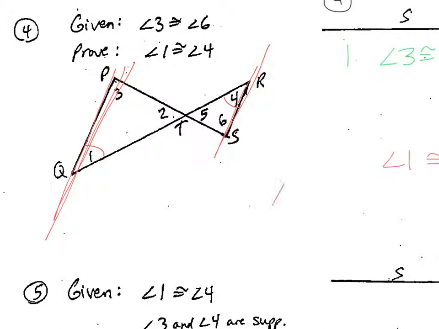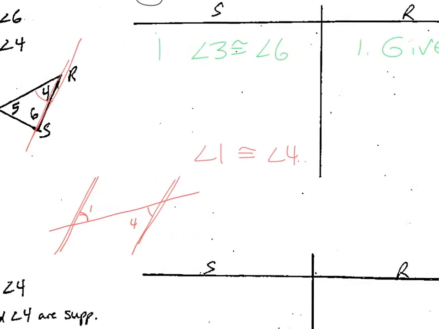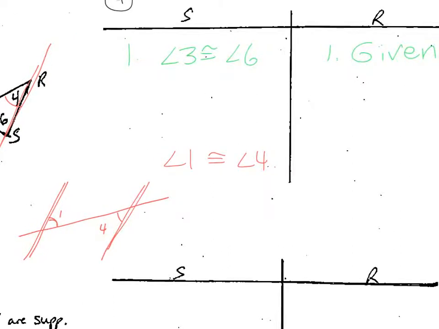So basically, if I redraw those two lines with that transversal QR, angle 1 is right here, and angle 4 is right there. And if I knew those two lines were parallel, then I could jump to, yes, alternate interior angles are congruent. So the ideal situation would be that I would have QP parallel to RS, or PQ parallel to RS.